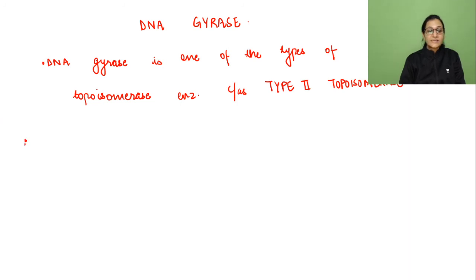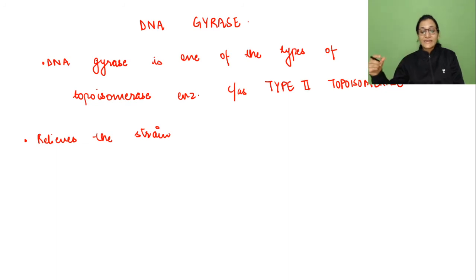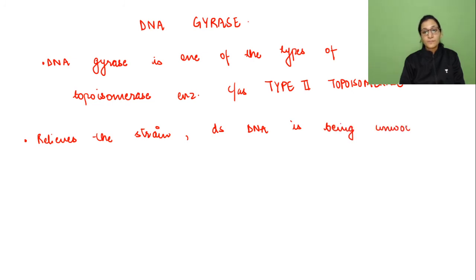DNA gyrase is responsible to relieve the strain, as a function of topoisomerase, while double-stranded DNA is being unwound by the helicase.